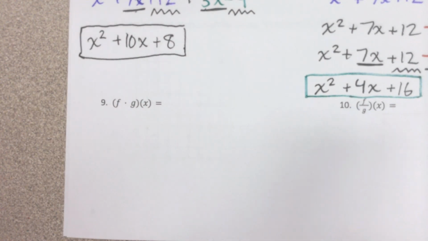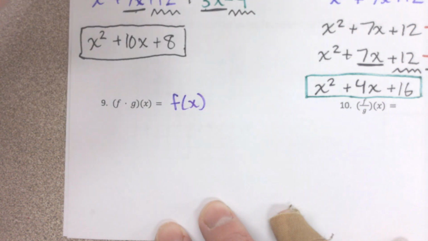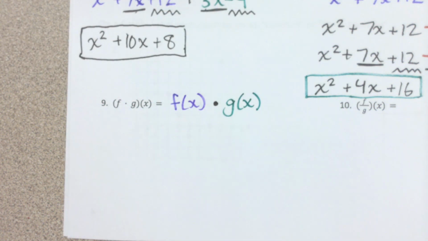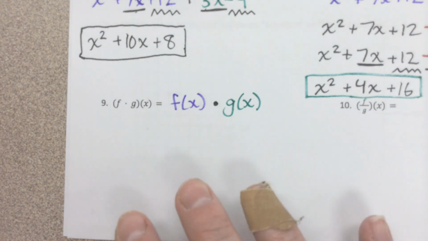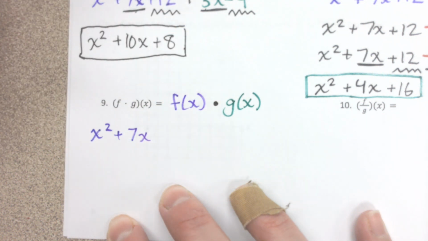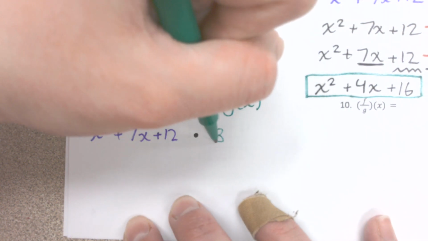Number 9, this is multiplication, f times g of x, which we can separate as f of x times g of x. f of x, we have x squared plus 7x plus 12 times g of x, which is 3x minus 4.